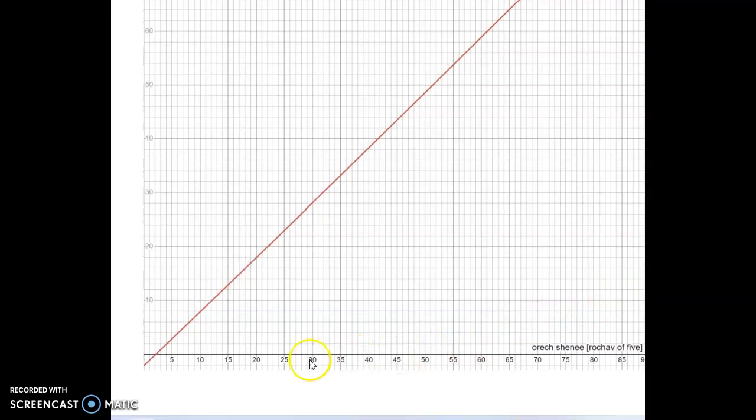It shows, if this is the Orach, for example 20, and you have a Rochav of 5, so the x-axis is the Orach Sheni, and the y-axis shows the Orach Shlishi, what's going to be the point of the ecliptic that shares the right ascension. It doesn't say here the right ascension. I did not, because it's not important.